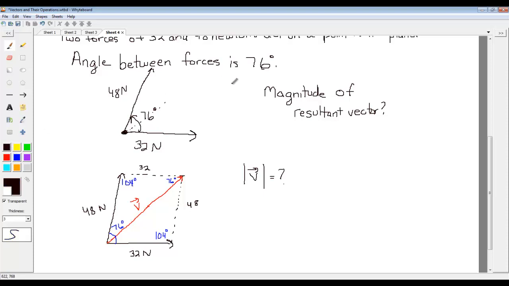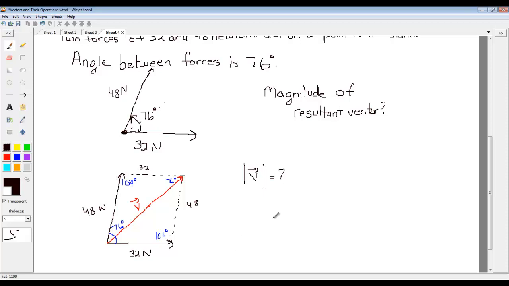We don't have a right triangle, but we do have side-angle-side of an oblique triangle, and we learned about triangles with the law of sines and law of cosines a while back. We can apply the law of cosines here. We've got this 32, we've got that 48, and we've got this angle here.